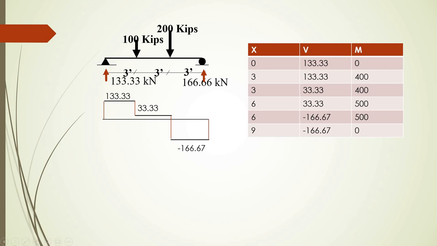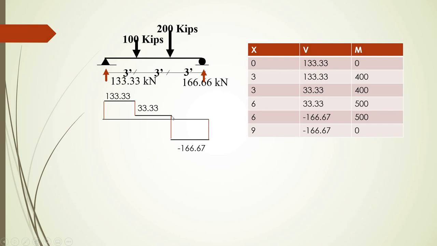This line actually shows that there is this vertical upward going force in the free body diagram. Now, if I move to this point, it was 133.33 at one point, and then it became 33.33, so the difference is 100. The line is moving downwards, and this reduction shows that there must be a downward force of 100 at this point in the free body diagram.